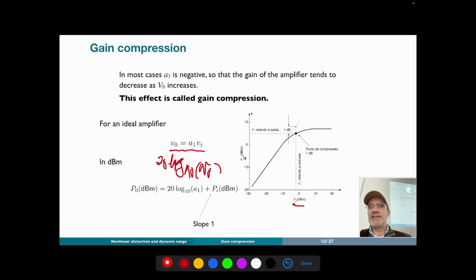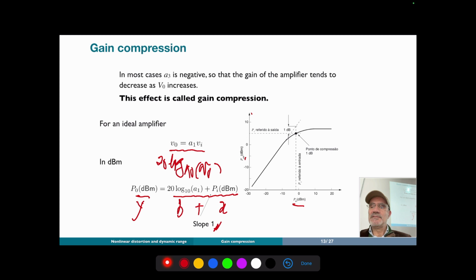And so the left side gives us the output power, and here we have an equation which, when represented on this plot, is a straight line with a slope of 1. Okay, so this will be the y, this will be the x, and this is a constant term.